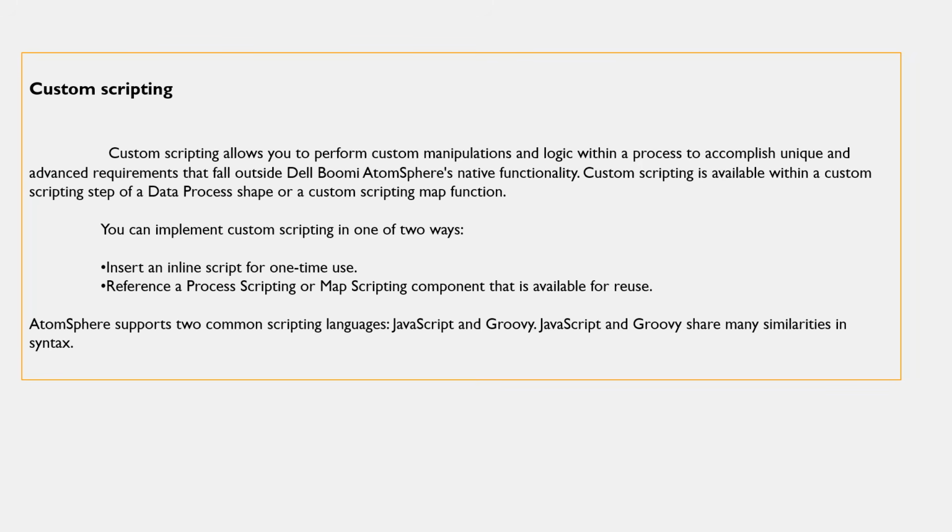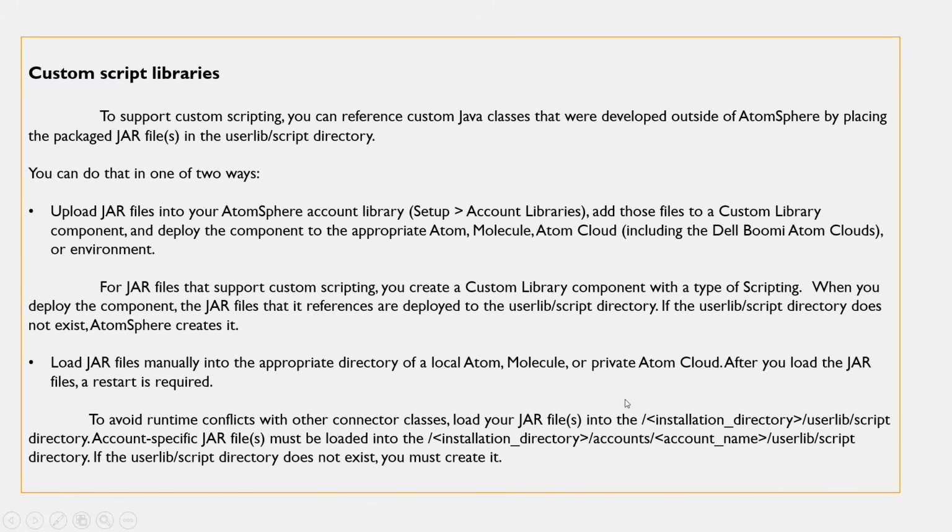You can implement custom scripting in one of two ways: insert an inline script for one-time use, or reference a process scripting or map scripting component that is available for reuse. AtomSphere supports two common scripting languages, JavaScript and Groovy. JavaScript and Groovy share many similarities in syntax. Right? And custom script libraries.